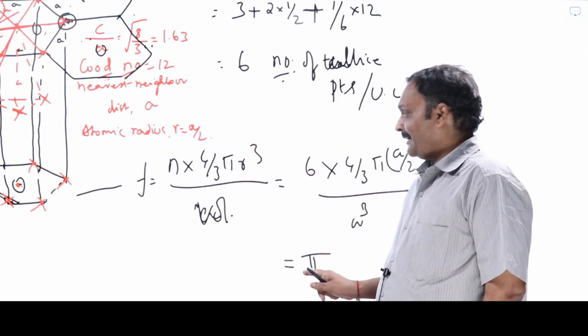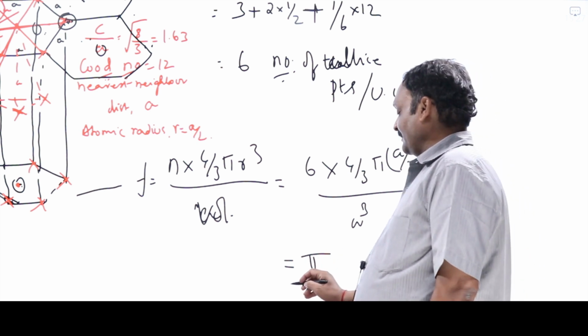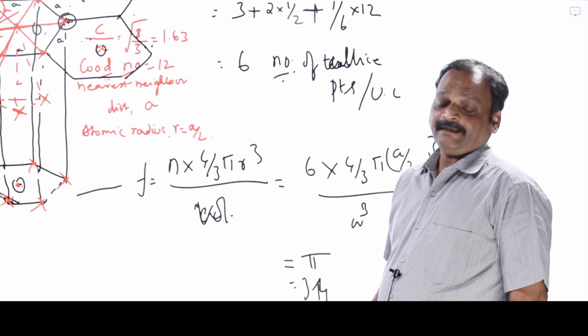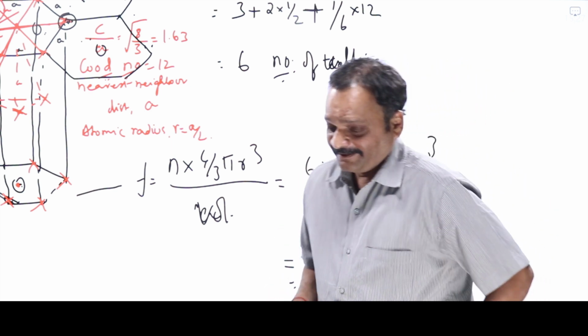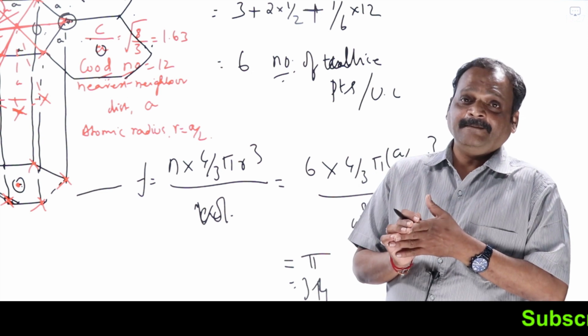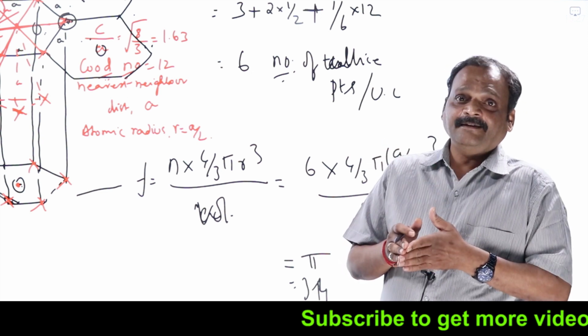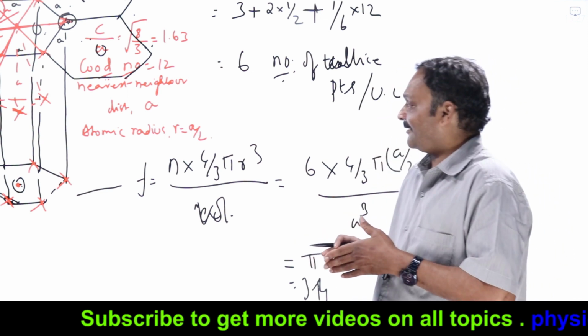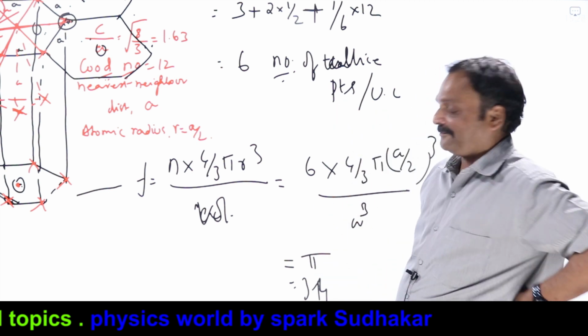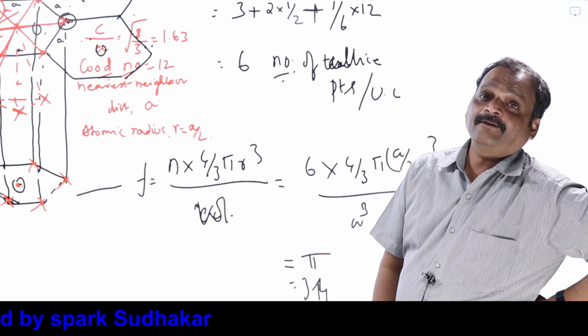Can packing fraction be pi? Pi means 3.14. In the last video we have seen packing fraction cannot be equal to 1 or greater than 1. It should be less than 1 only. But unconsciously, they will get, sir, pi as the answer. Where did they go wrong?